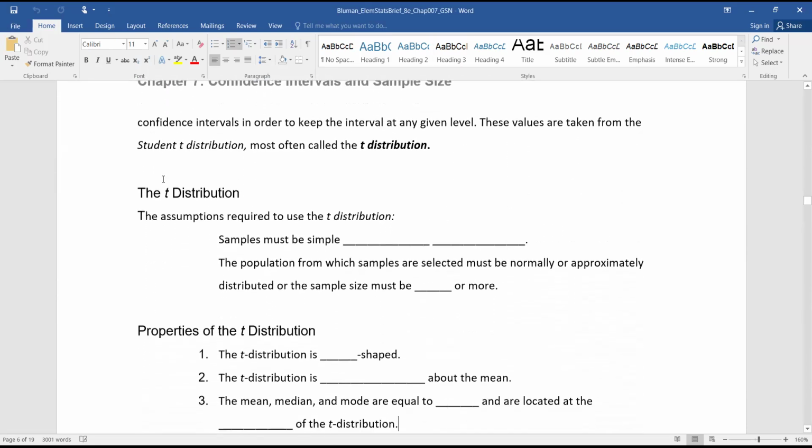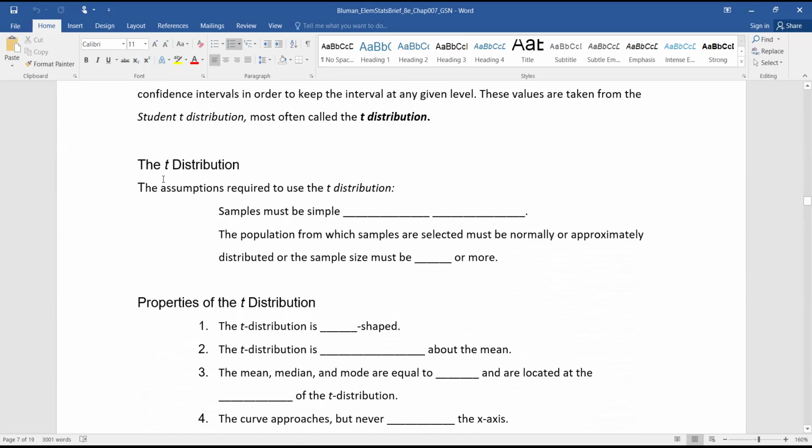These values are taken from the Student t distribution, most often called the t distribution. This is going to be another part of your charts in the back of the book in Appendix A that we'll use throughout this process. The assumptions required to use the t distribution: samples must be randomly selected, simple random samples.